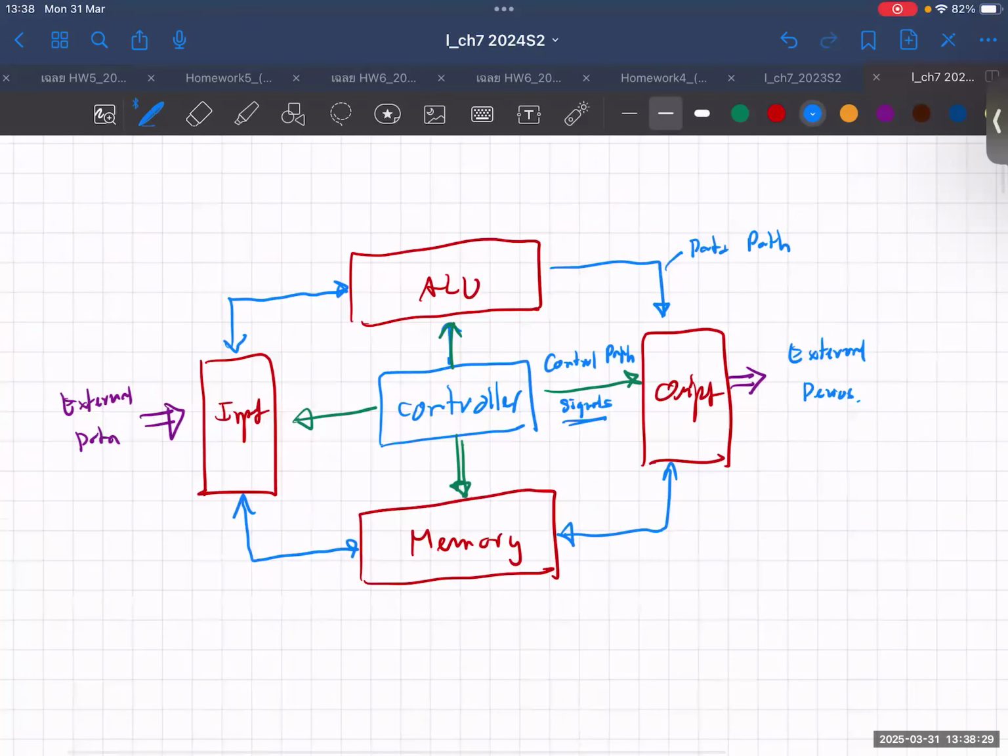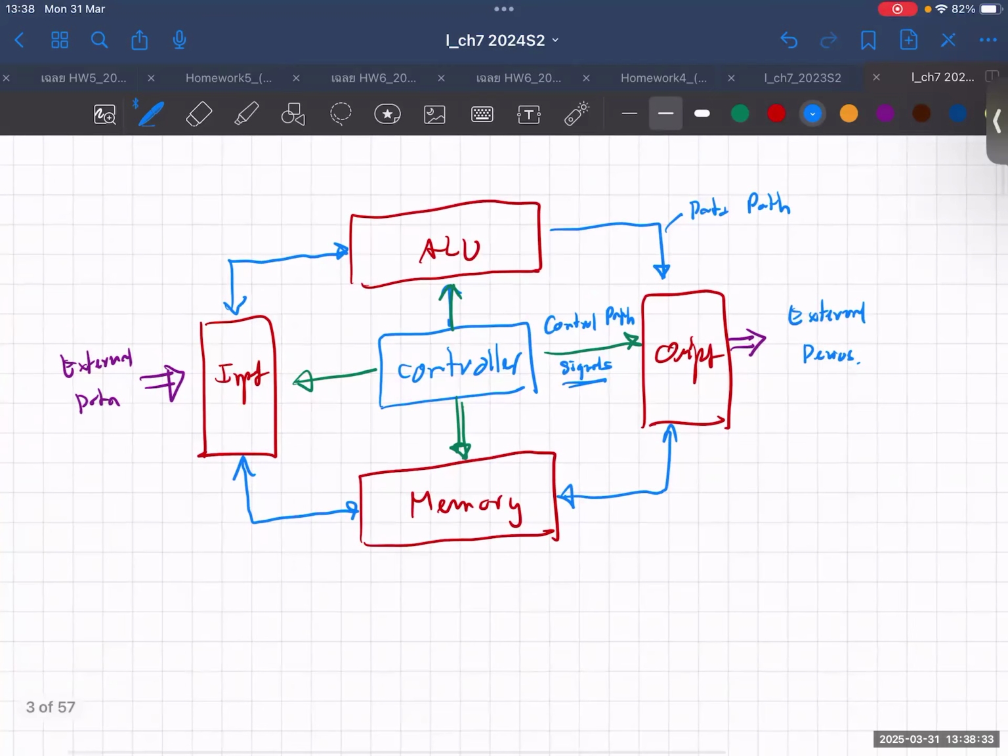But the examples that we're going to show you today are going to be some simple stuff, because these are most common in the CPU, right? Do you still remember the CPU? So the CPU includes what?